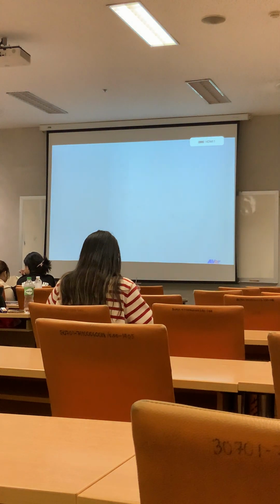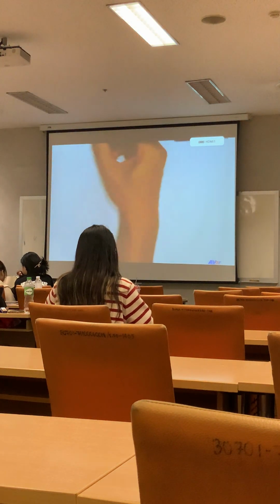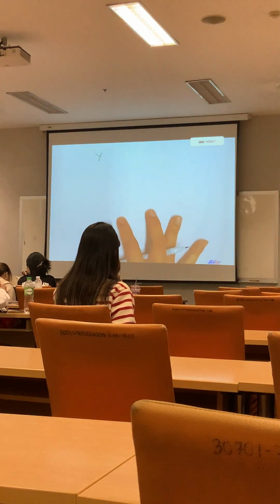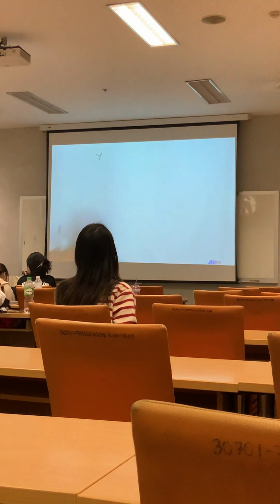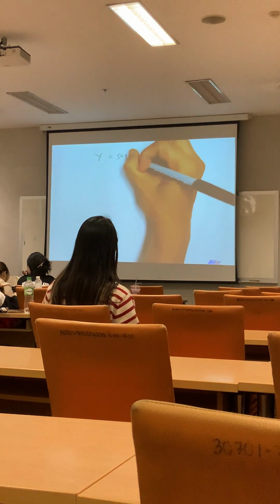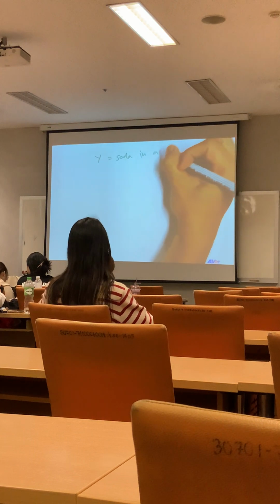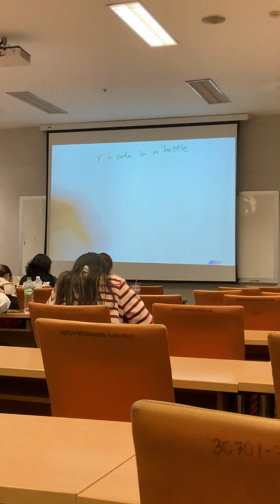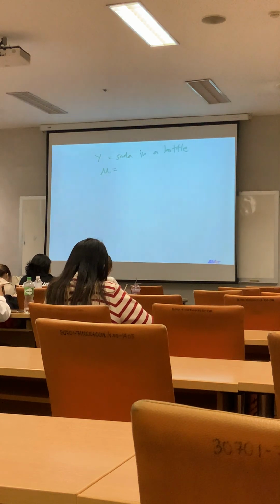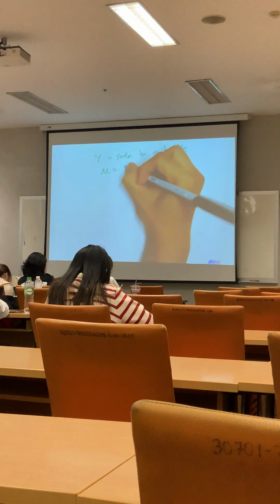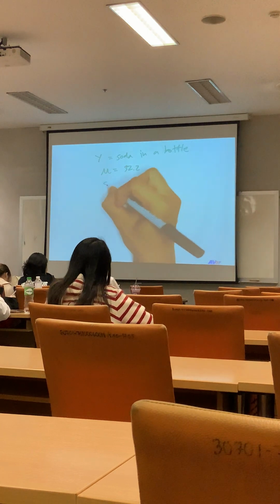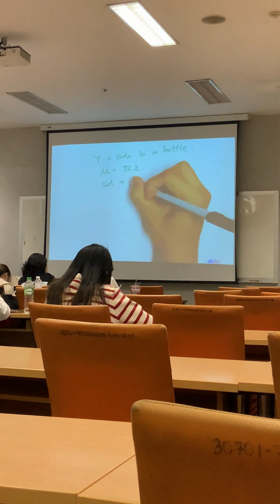Let's collect the information first. You're interested in Y, the amount of soda in a bottle. The question gives you that the population mean of Y is 32.2, and the standard deviation of Y is 0.3.